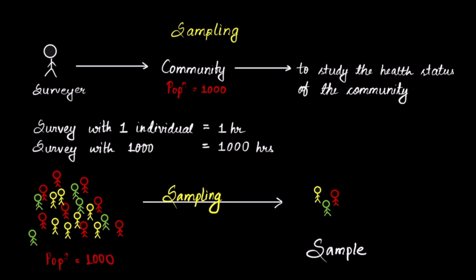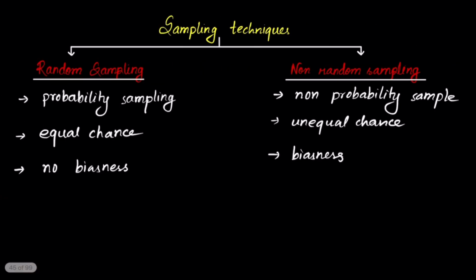That is why the ones that are favored have a higher probability of getting selected over other people. So which one would be the better method of sampling? Obviously the one where everyone has an equal chance. Because in that case, there would be the least amount of bias and the highest amount of representation of the population. So obviously random sampling is superior to non-random sampling.